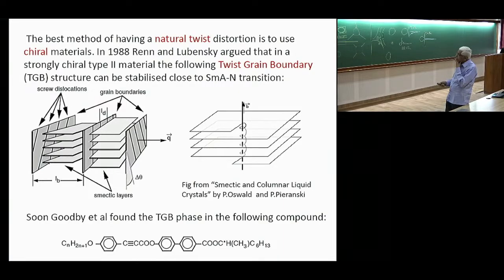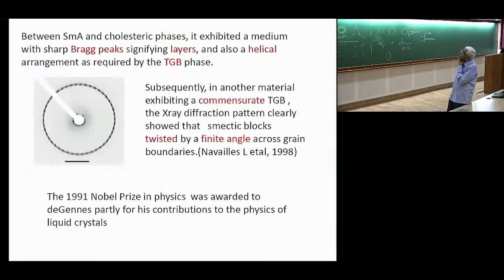What did they find? They found that this material, which has a chiral center, between the Smectic and cholesteric phase, exhibited a medium with sharp Bragg peaks corresponding to the layering order, and then optical properties which corresponded to a helical twisting.